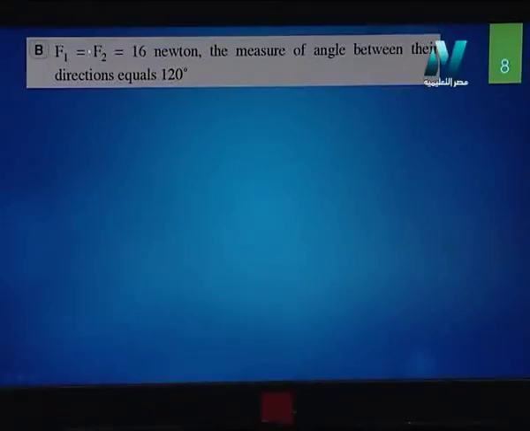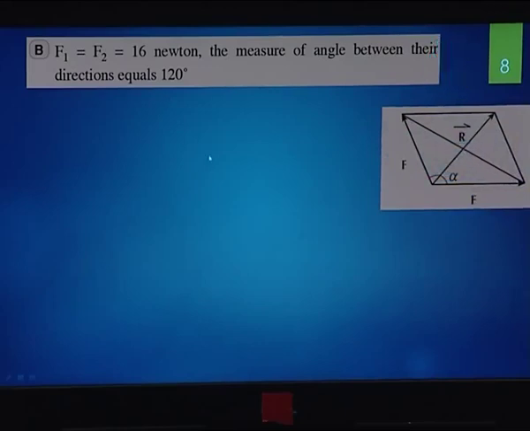We have here F1 and F2 equal to 16 Newton. The measure of the angle between their directions equals 120. So we have F1 equals 16, F2 equals 16, and alpha equals 120. We have F1 equal F and F2 equal F also, and alpha is the angle between them, and R is the resultant between them.